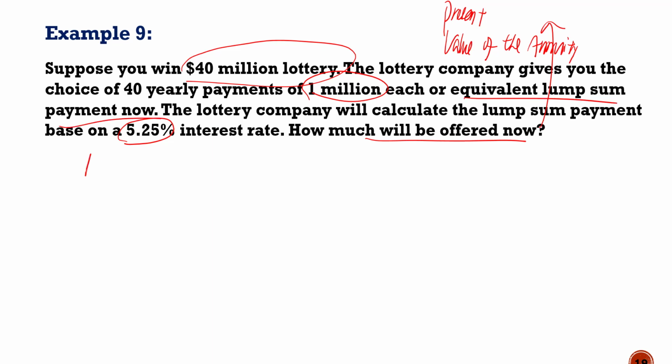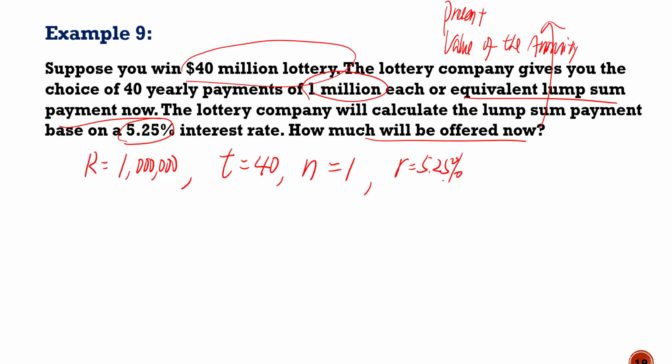So again, the regular payment is $1 million per year for 40 years. Compounding period is once per year, since you're paid once per year. The rate is 5.25%. Based on this, we can solve for the present value.